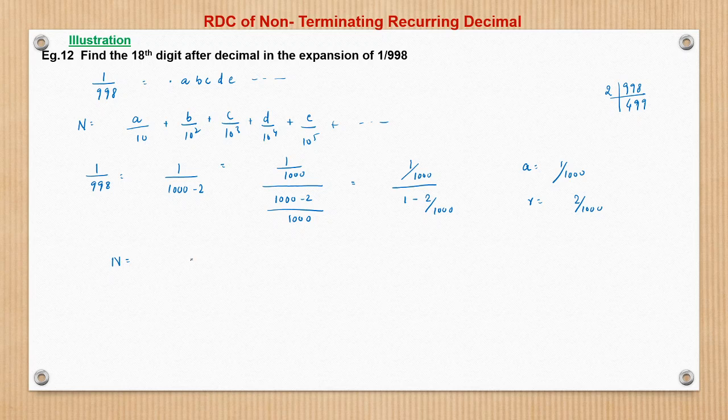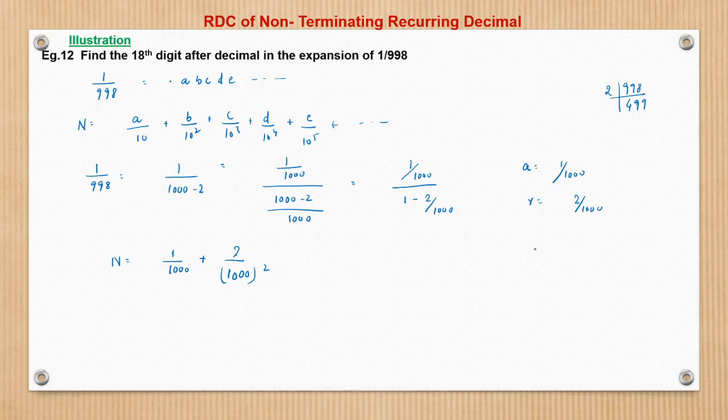From here I can say that n would be the first term, and the second term would be first term into r, so it will be 2 upon 1000 squared.